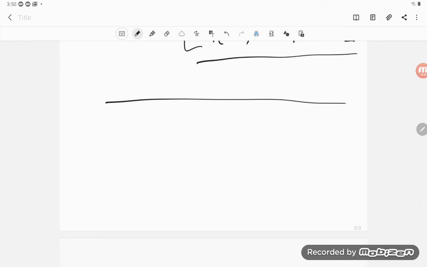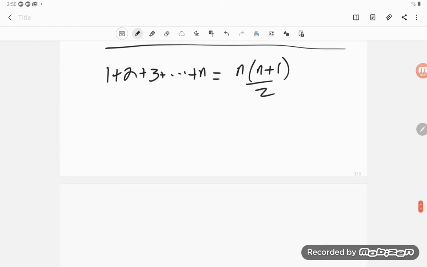I've always liked the formula that if I want to add the numbers 1 plus 2 plus 3 up to n, that's just n times n plus 1 over 2. Okay, so to show this by mathematical induction, my step 1 is we'll let n equal 1, and we'll show that if I add 1 to itself, this formula works.